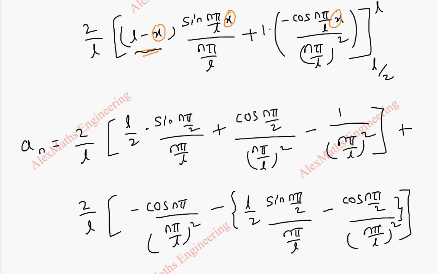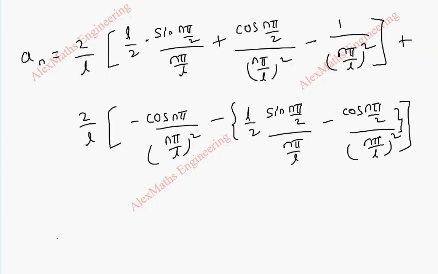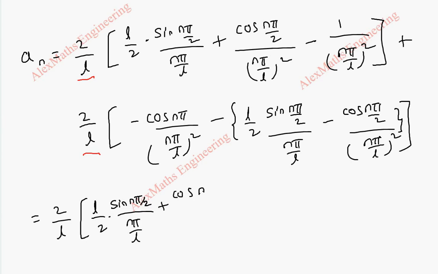So now we are going to take the 2 by L, which is common in both the terms. This 2 by L is common. So let's write the first term, L by 2 sin n pi by 2 by n pi by L. Second term, cos n pi by 2 by n pi by L whole square. Third term, minus 1 by n pi by L whole square.